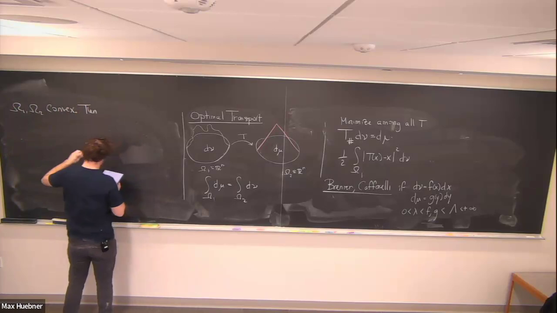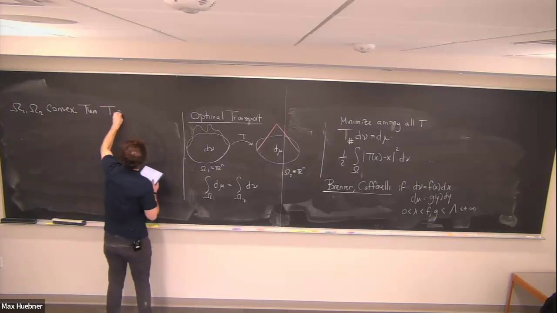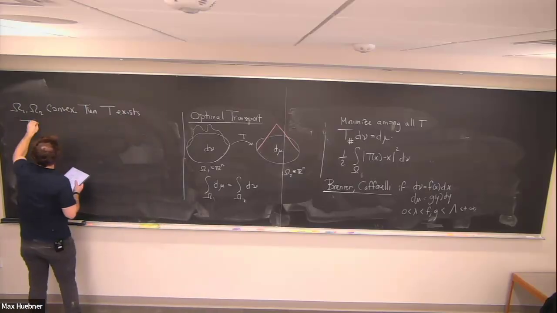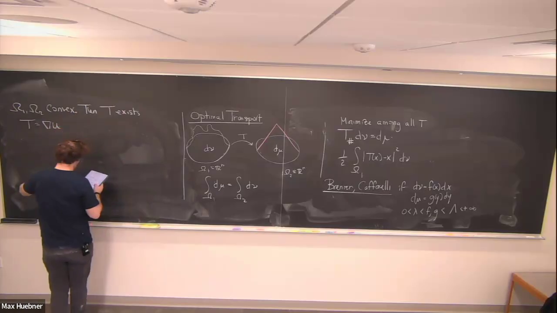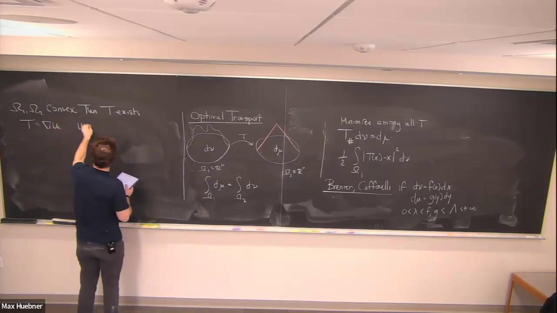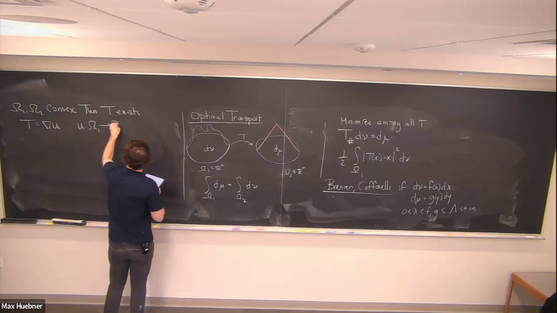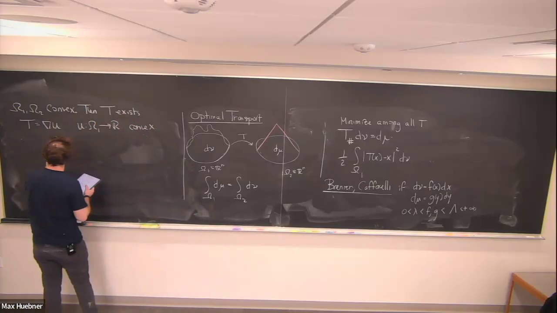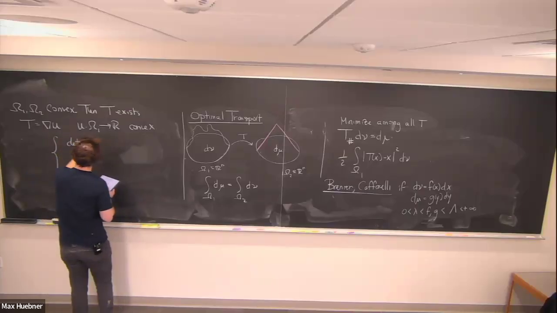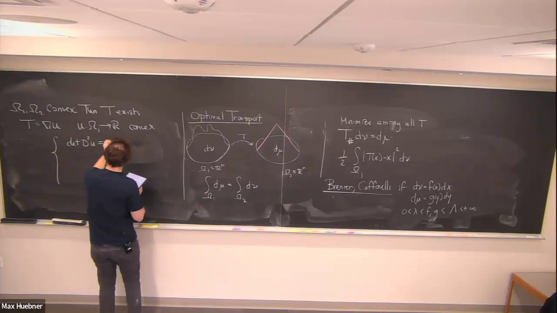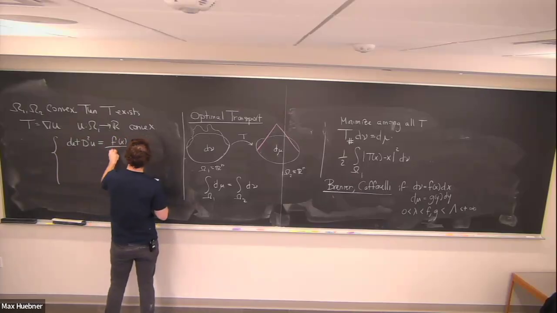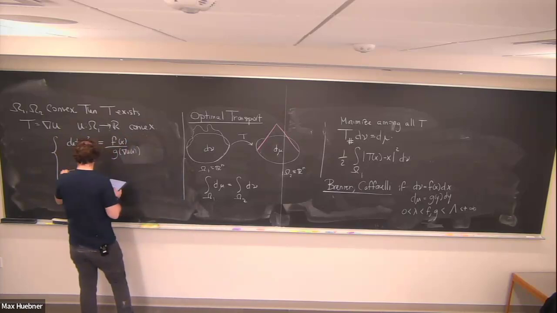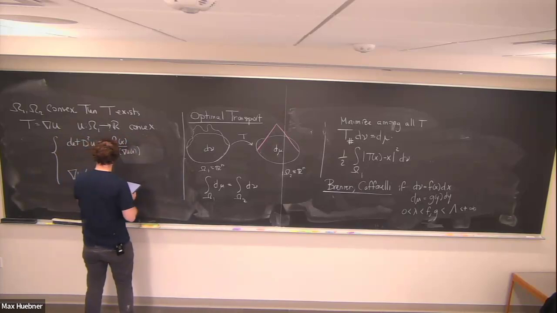Then T exists, in fact, uniquely, and T is the gradient of U, where U is a convex function, and it solves this Monge-Ampere equation. Determinant of d squared U is f of x over g of nabla U of x, with the gradient map of omega 1 being omega 2.